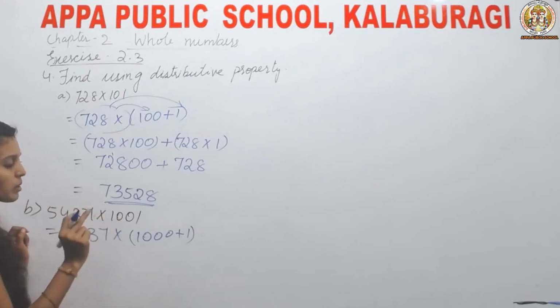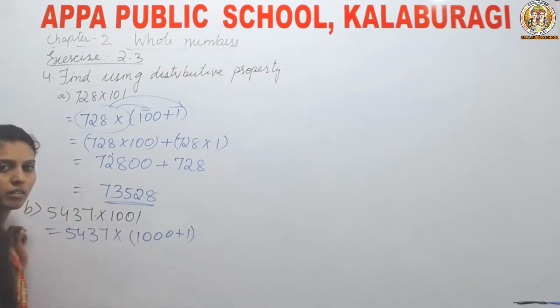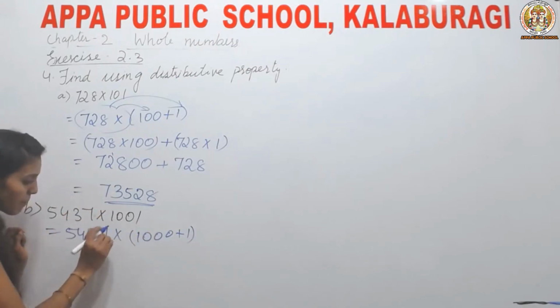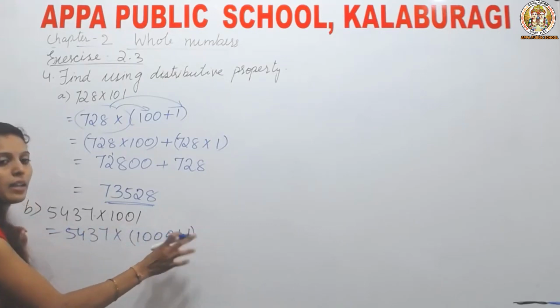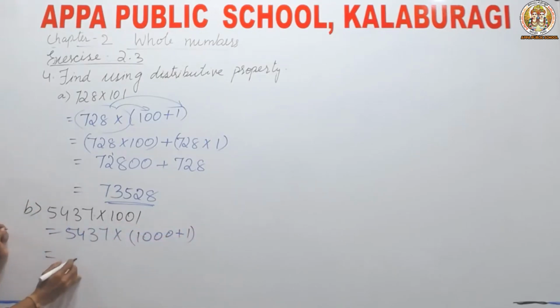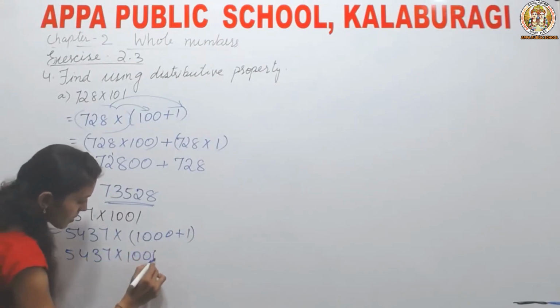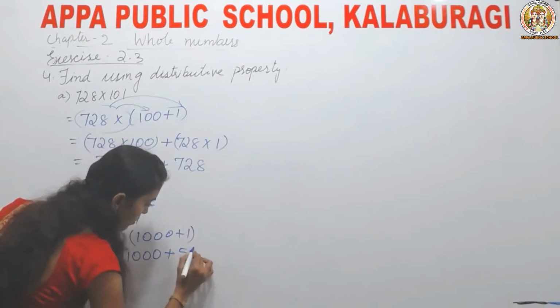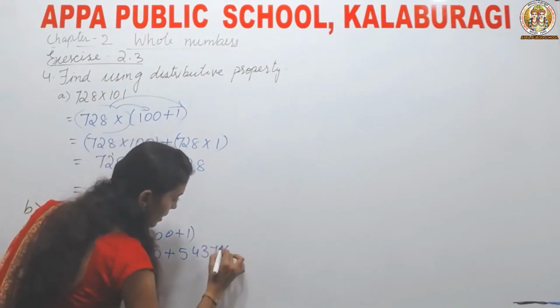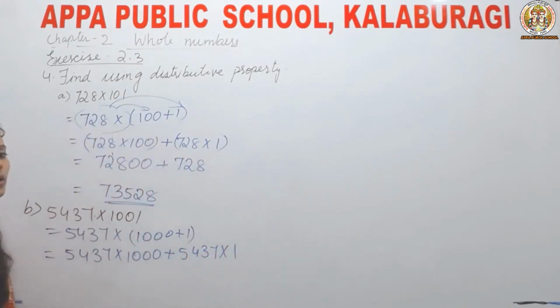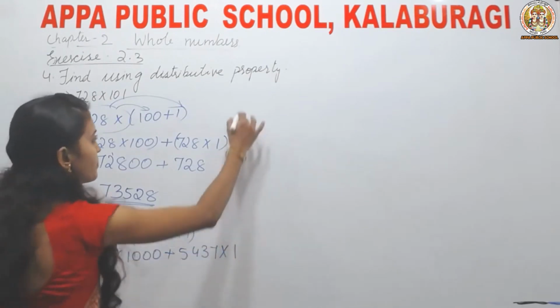But here only 2 numbers, 1000 plus 1. Over. Now distribute this number to 1000 and 1 both. What I will get is 5437 into 1000, plus 5437 into 1. Now multiply. Okay, I'll write this one there.